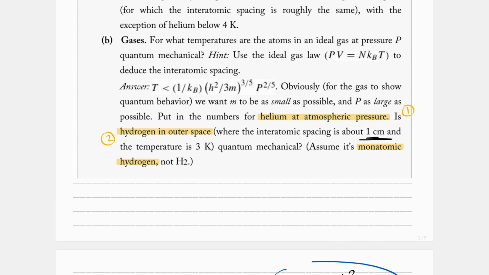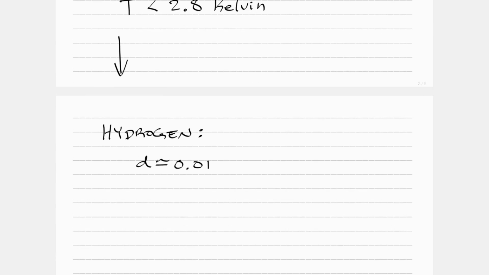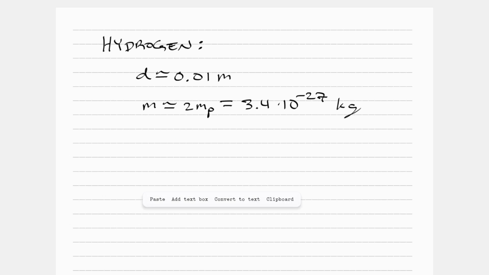Let me clarify that there. Sorry, I had a thought that we were using the wrong number, but no, it's 1 centimeter, so that's 0.01 meters. And then we know that the mass is about 2 times the mass of the proton. There we go, it's 3.4 times 10 to the minus 27 kilograms. Therefore, by the same formula, T is less than 3.1 times 10 to the minus 14 Kelvin.